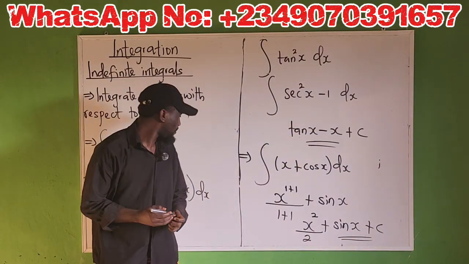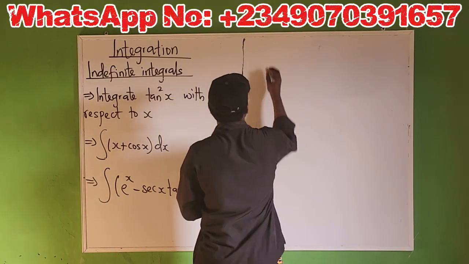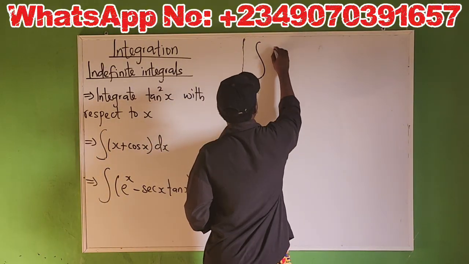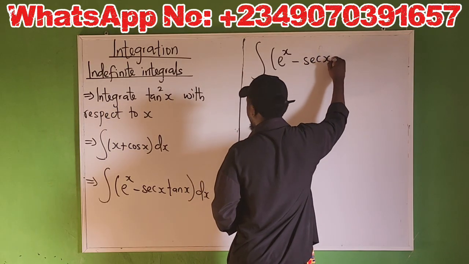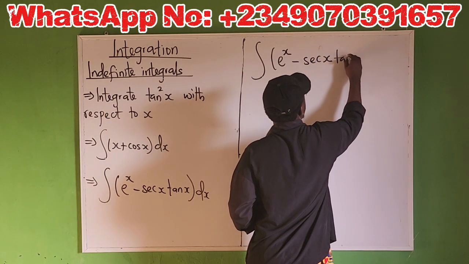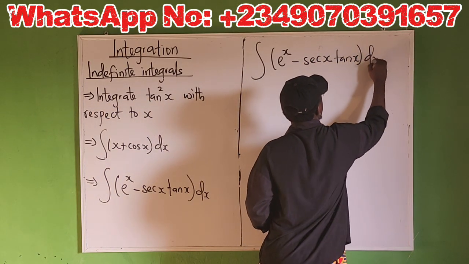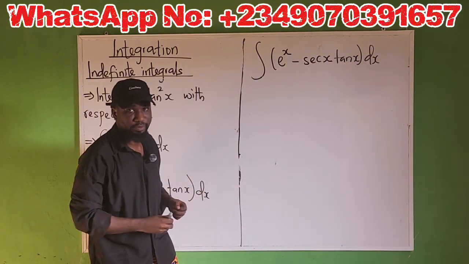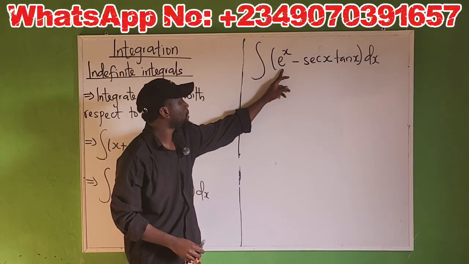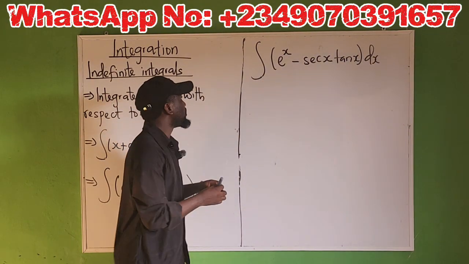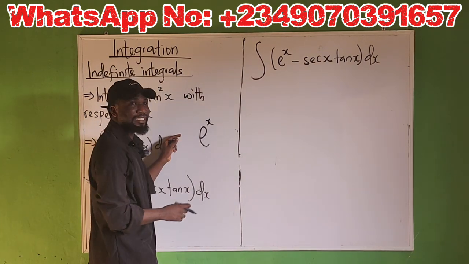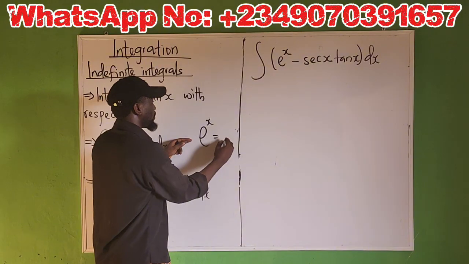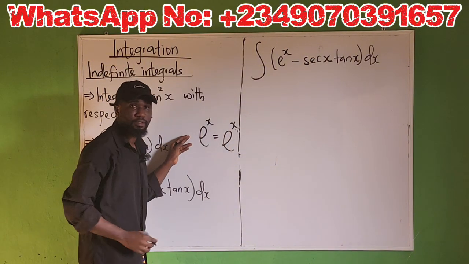Do we get it? So for the last one, we have to integrate exponential x minus sec x tan x with respect to x. See, this is very simple. Whenever you have exponentials, if I have exponential x and I want the integral, it's going to give us exponential x.